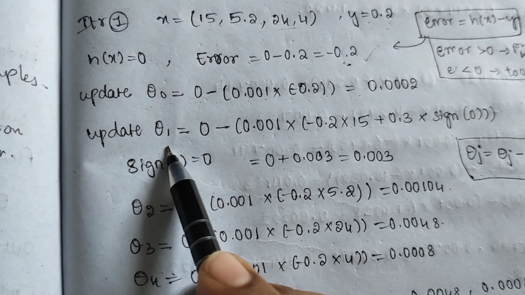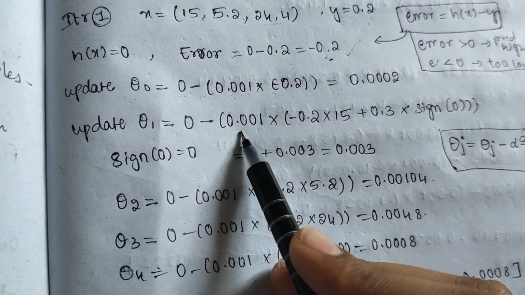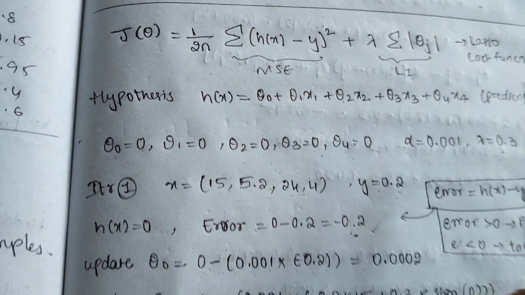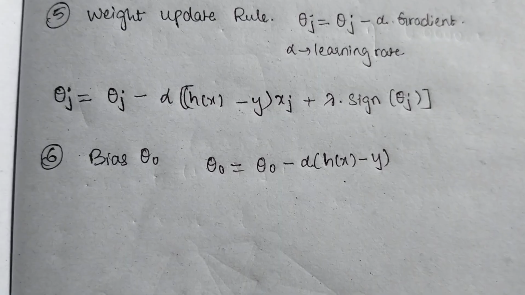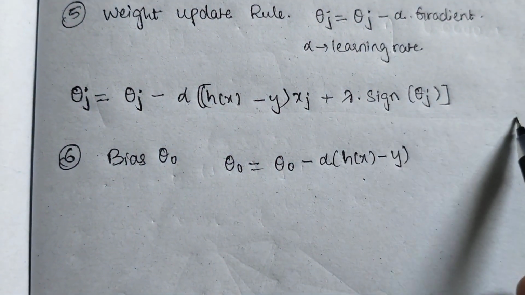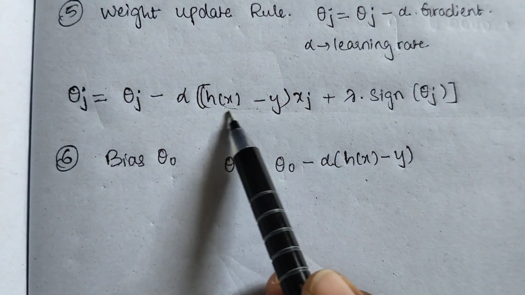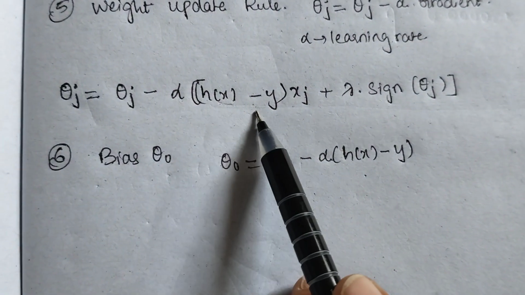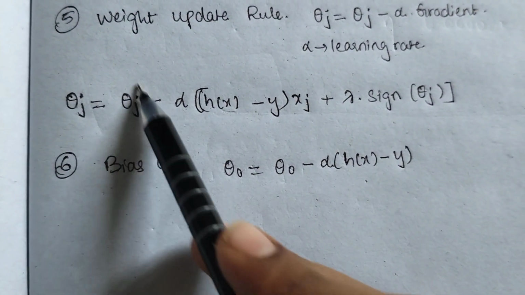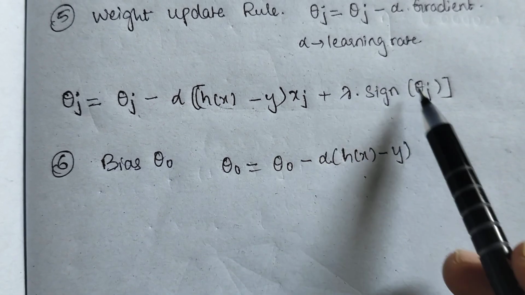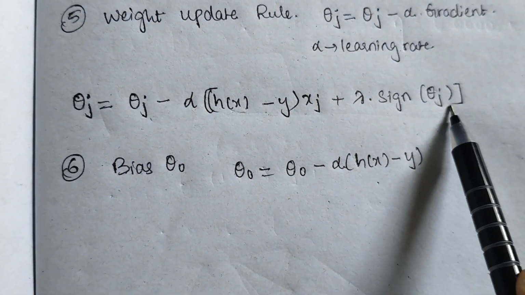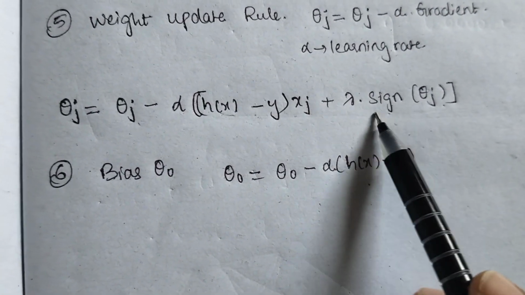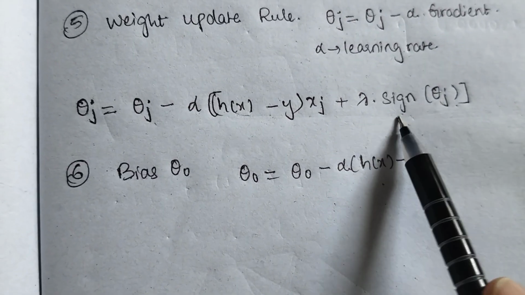For the update, we'll use this particular formula. In this formula, this is the error we found, and this is alpha. This is the new updated weight, and this is the L1 term that you will find. The sign will be considered according to each weight.